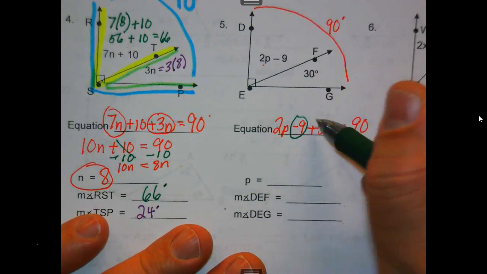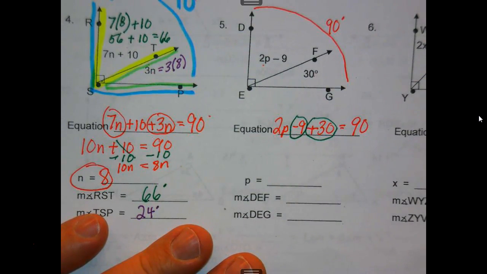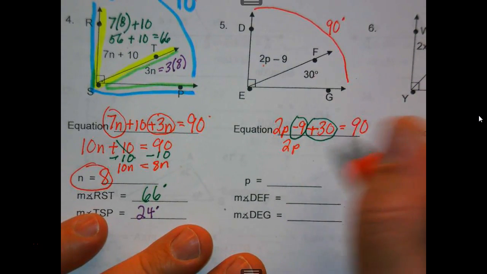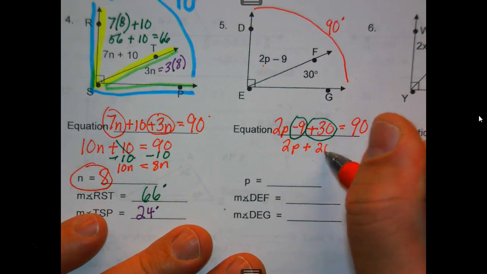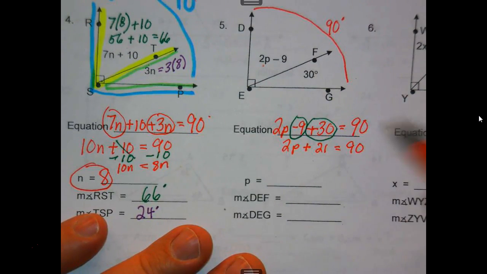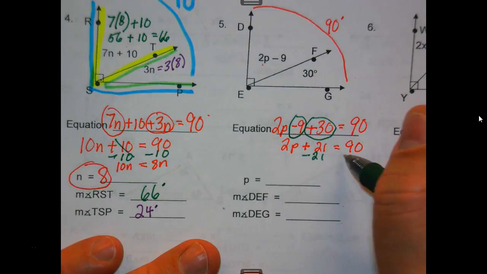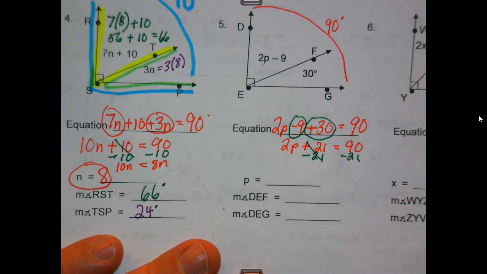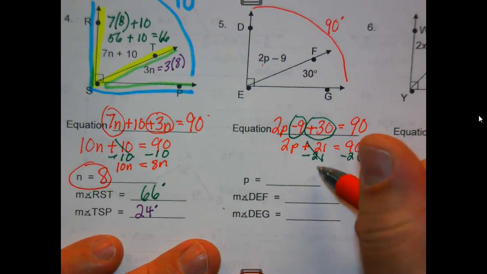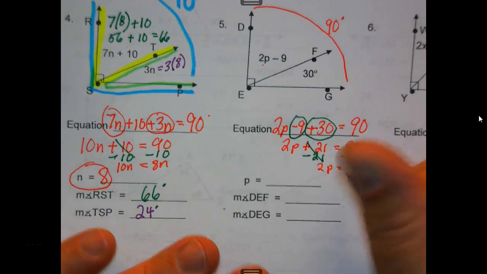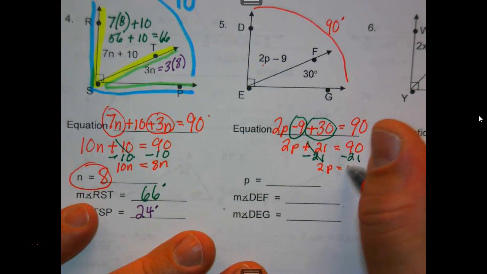I have a minus 9 and a plus 30. Okay, so I'm going to subtract 21 from both sides. I get 2p equals 69.